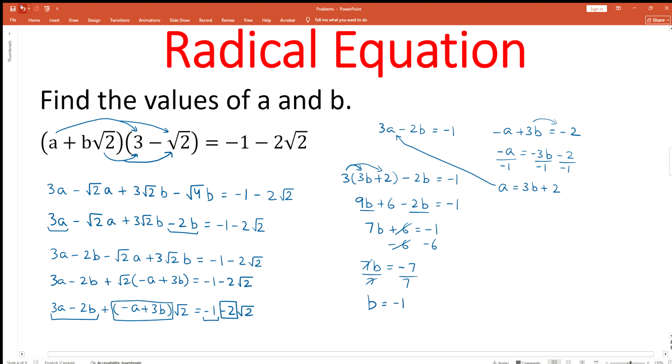Next, we can find the value of a. We should sub in this value of b in one of the two equations. I will use the first equation, 3a minus 2b equals negative 1. We can replace b with negative 1. We should subtract 2 from both sides.